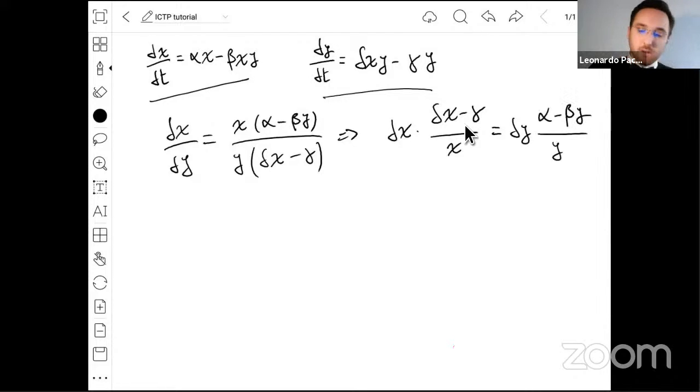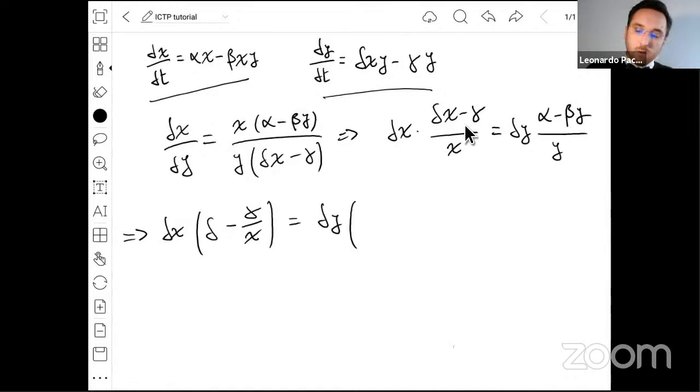Okay, so we simply rewrite this as follows. We divide by x or y on the two sides. So we have (delta minus gamma over x) dx equal to dy times (alpha over y minus beta).